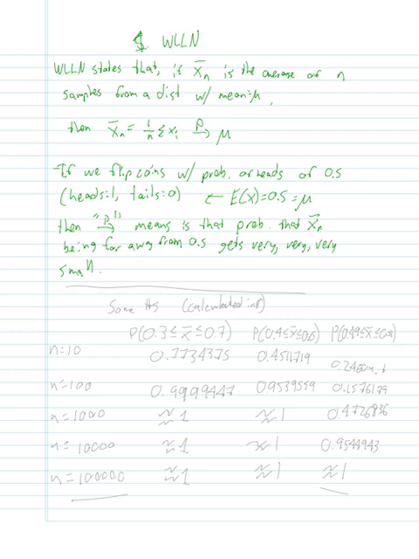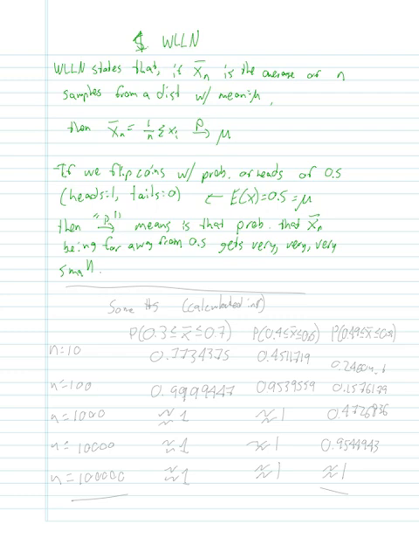Right? Now, this is a very simple example or a very simple distribution to pull from, but any distribution with a finite mean is going to have that the sample average converges in probability to that mean.